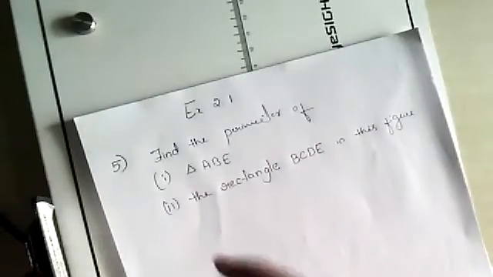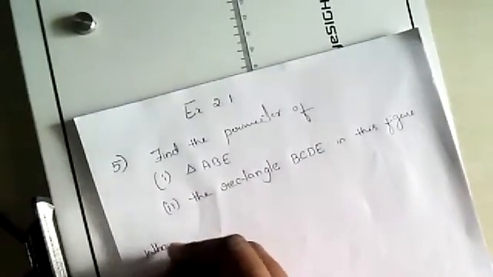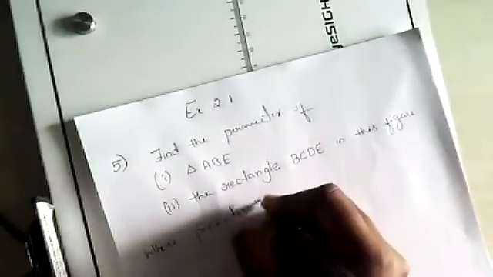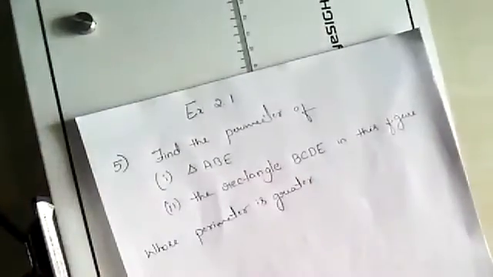Whose perimeter is greater? So we have to find the perimeter for rectangle BCDE. Already we found the perimeter of ABE. We have to compare those two and write whose perimeter is greater.